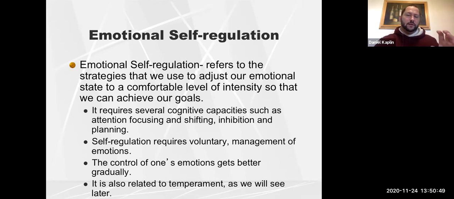So abilities such as focus, changing one's attention or shifting one's attention, inhibition, planning, and it requires a manual override of emotion. So it's a voluntary decision to control one's emotions.